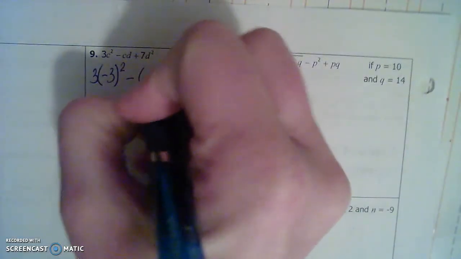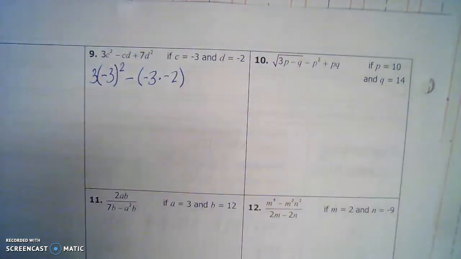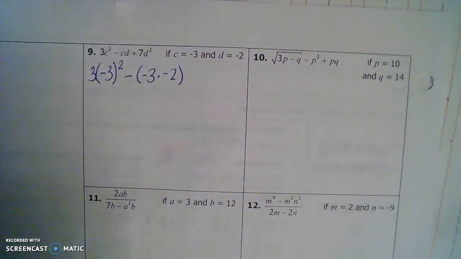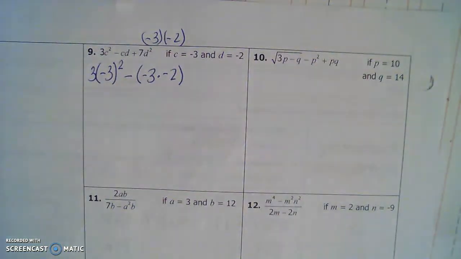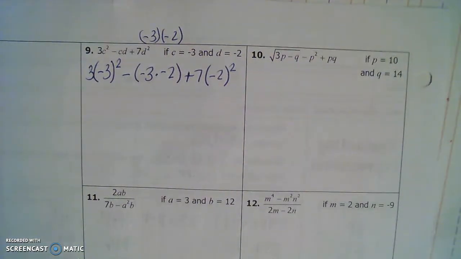Minus negative 3 times negative 2. So I ended up putting those in parentheses just because there's all kinds of negatives. You could have done negative 3, negative 2 like that in parentheses if that's easier. Plus 7 times negative 2, which is in parentheses squared.